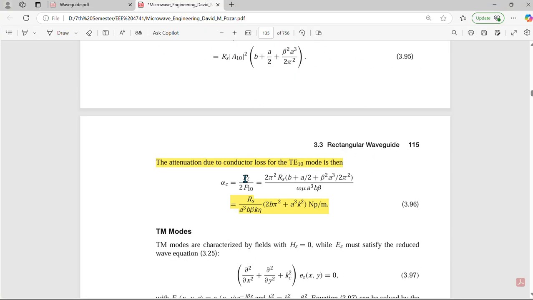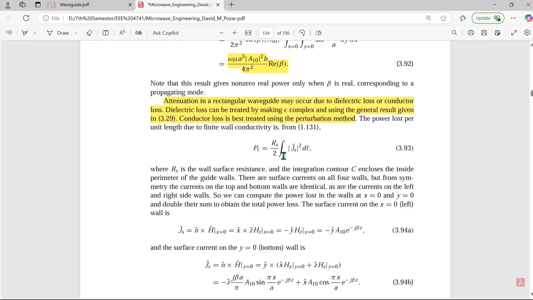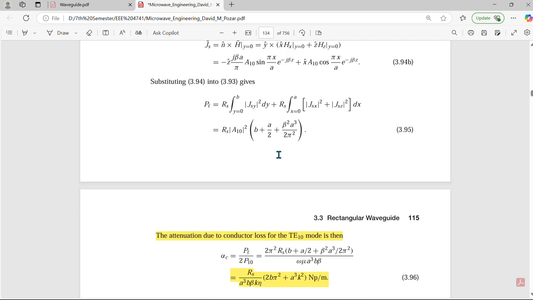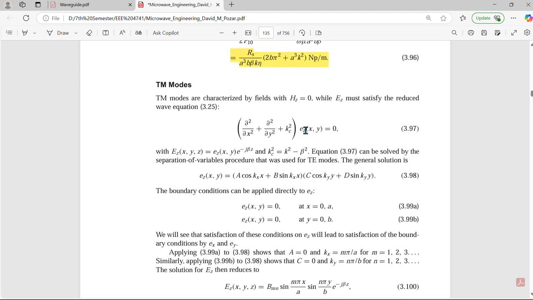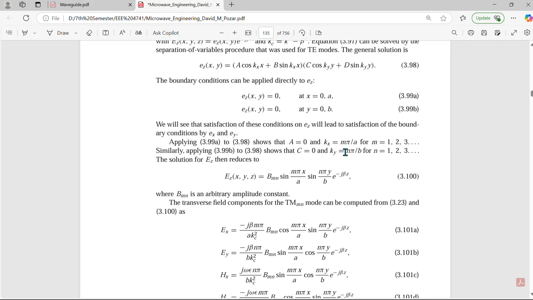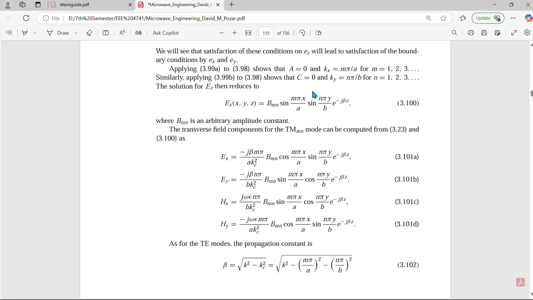And then all these parts we have discussed here. This is all about the transverse electric mode. And now comes the transverse magnetic mode. The equation will be the same, like here that was the Hz value, and now we will analyze it with the electric field. Applying the boundary conditions here, we will get similar results, and derive them in a similar manner, like we did for the magnetic field for the TE mode.